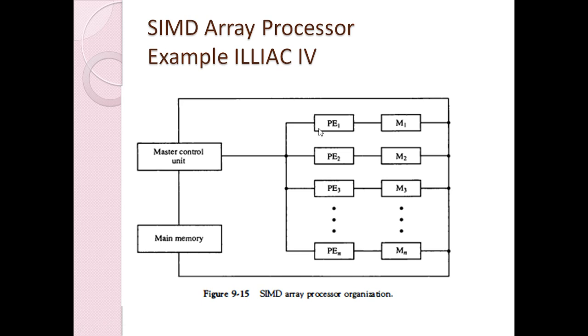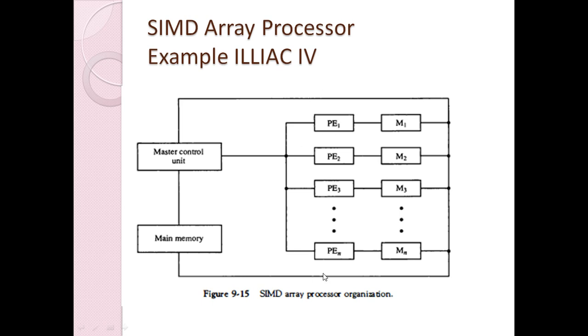So if I want to perform A1 plus B1 goes to C1, A2 plus B2 goes to C2, A3 plus B3 goes to C3, and such a thousand data is there. And if there are 10 processing units, I can distribute 100 to each.